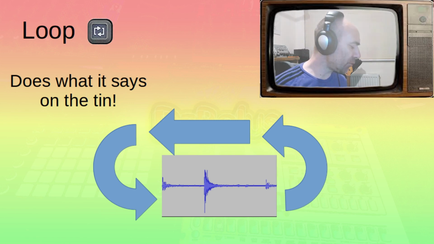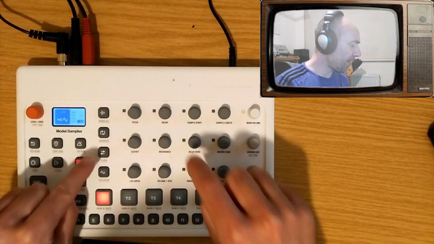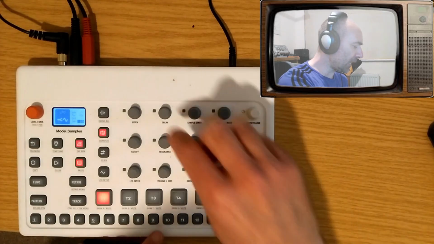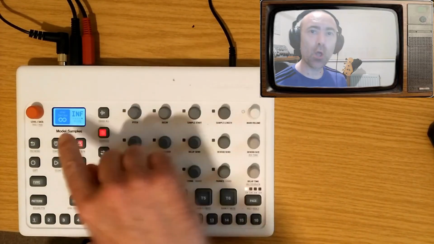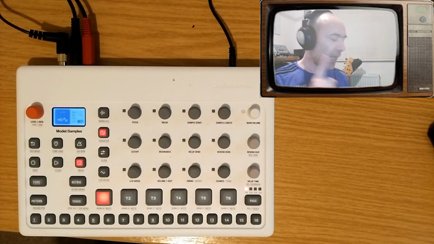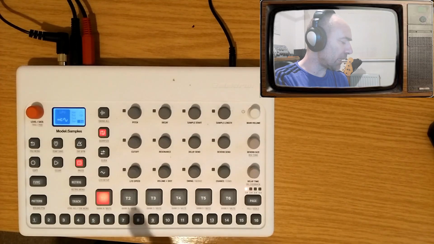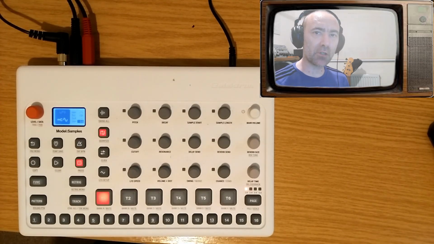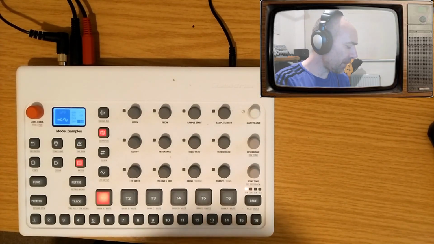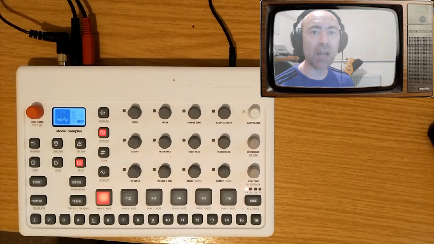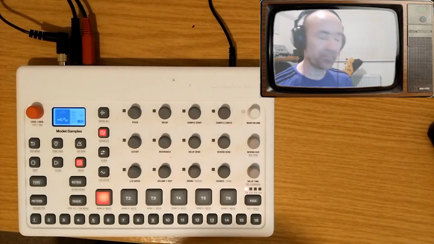So if I press the loop button now, and then we open up the decay fully to infinite, all you will hear is the sample repeating over and over again, because we've not told it that we want it to stop after a specific amount of time. And it will just keep going forever.